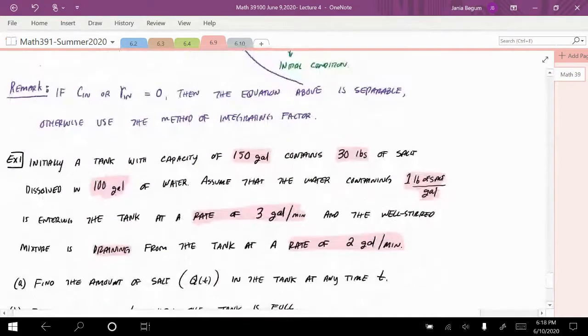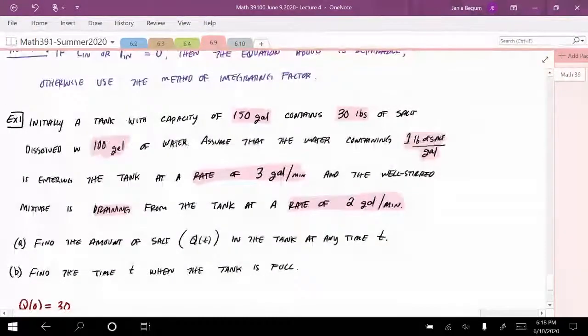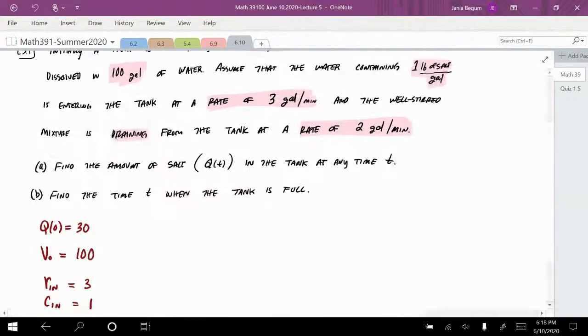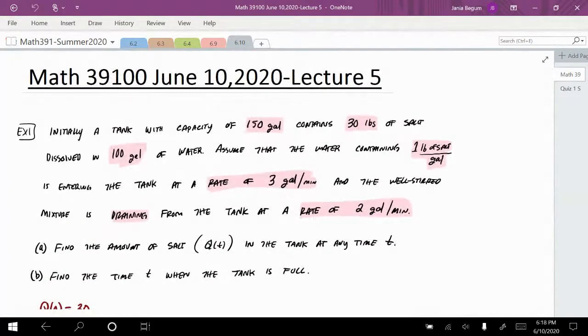Okay, so I'm going to finish up this problem that we started yesterday. So we wrote down what was given to us. So this is continuing from last time.